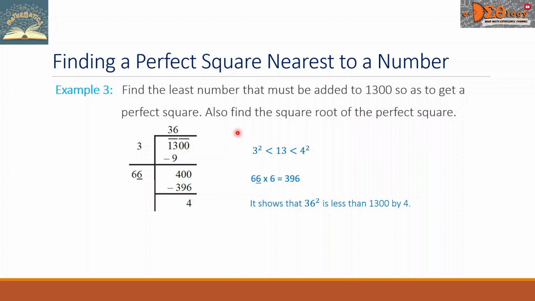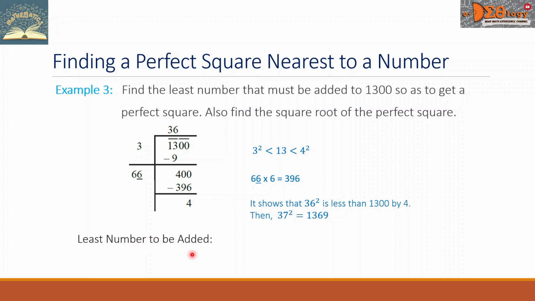But look at the problem. We want a small number that must be added to 1,300. That means we're going to consider the next whole number that must be squared. What about 37 square? And this is 1,369. That means we're going to consider this 37 square.